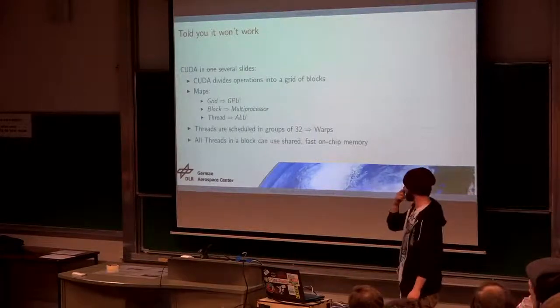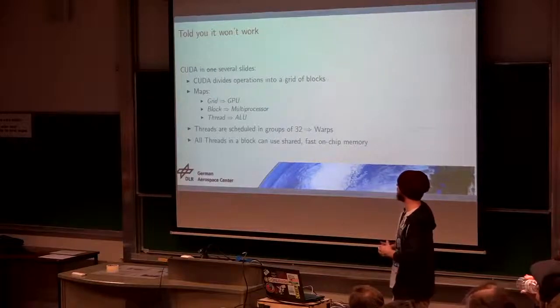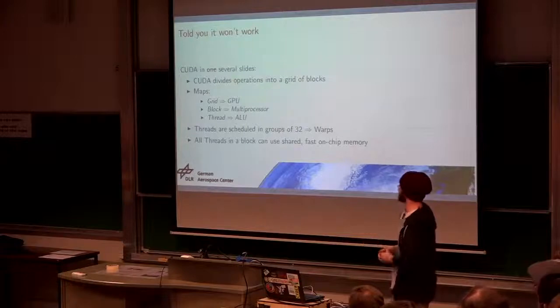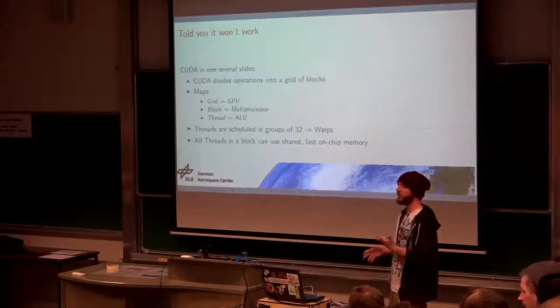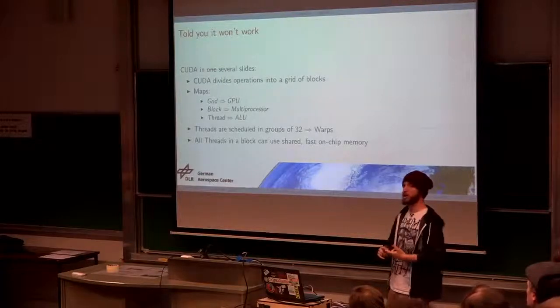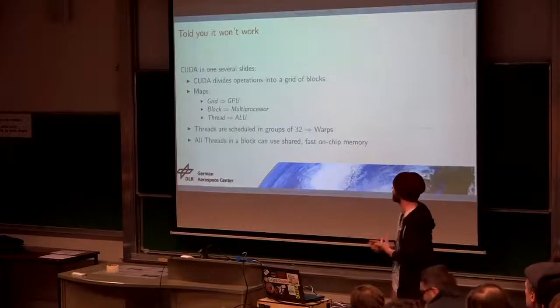So there's another thing to it. Basically, how do you map this architectural stuff to how you're programming CUDA? In CUDA, you have three terms that are very important: the grid, the block, and the thread, which actually executes the computations you need.